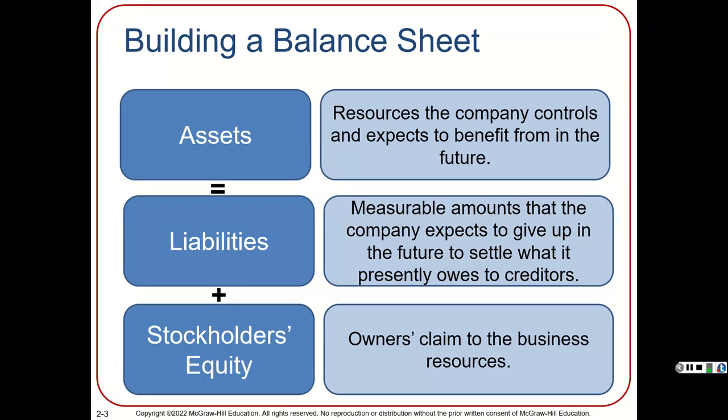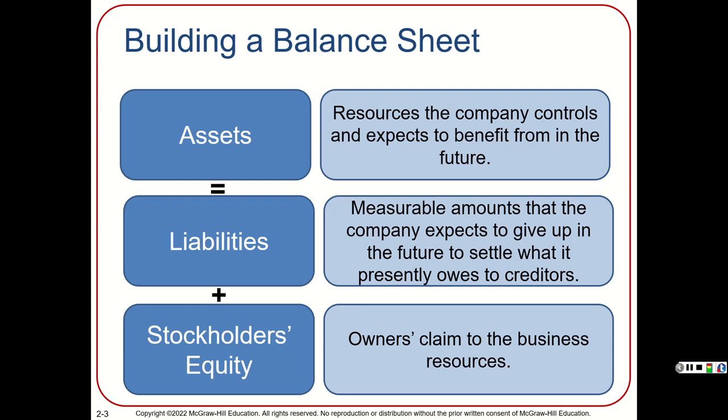So as we were introduced in our last lecture, assets equals liabilities plus stockholders' equity. And just to reiterate, the assets are resources the company controls and expects to benefit from. One example is inventory. They own their inventory.